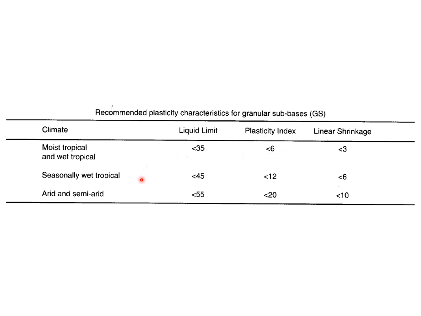If seasonally wet tropical, then these requirements, and in arid and semi-arid, arid means a very dry climate. That means arid is that area where the climate is very dry. So corresponding to different climates, we are having certain requirements, and those requirements must be fulfilled.